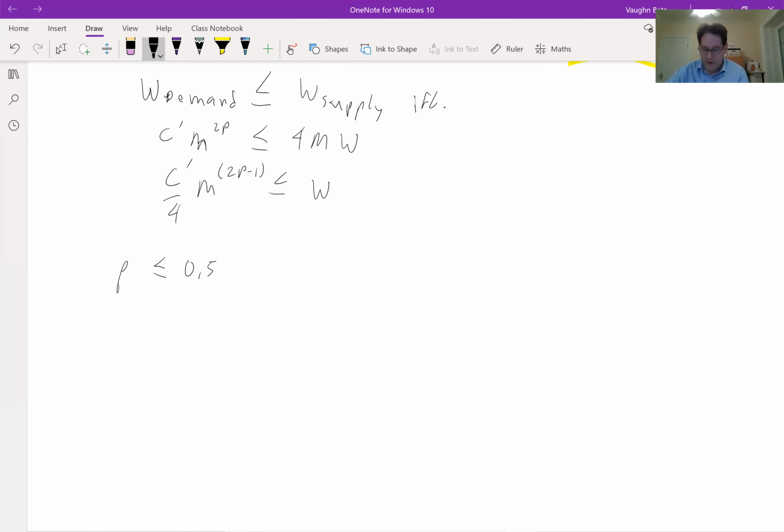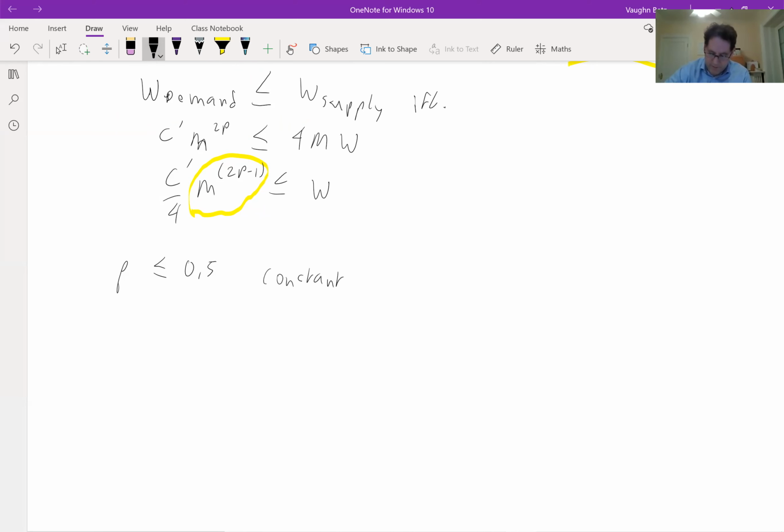And if our Rent exponent is 0.5 or less, then this W demand term doesn't grow with M, because 2 times P minus 1 would be 0. So we'd have no increase in the amount of wiring demand as the circuit got bigger. As the circuit gets bigger, M gets bigger, so we get more logic. Okay, so this is a very happy case.